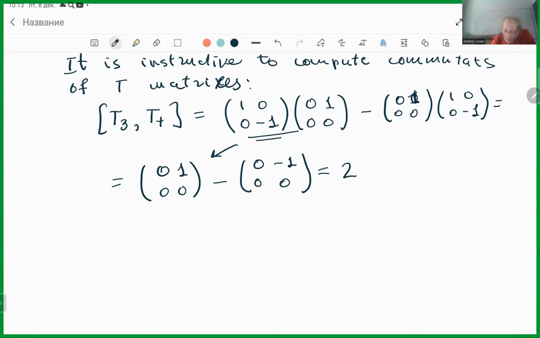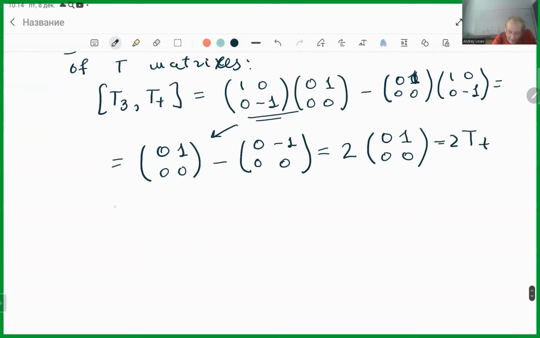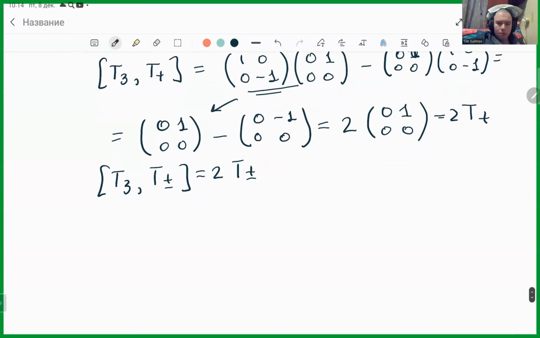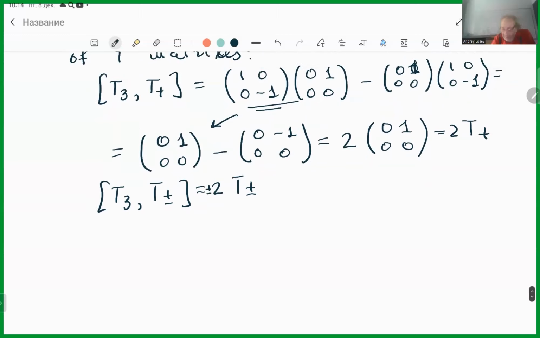So it will give me 2 T plus. In this way, I will get that the commutator of T3 with T plus minus equals 2 T plus minus. No, it's supposed to be plus minus 2 T plus minus. Yes, of course. Thank you.